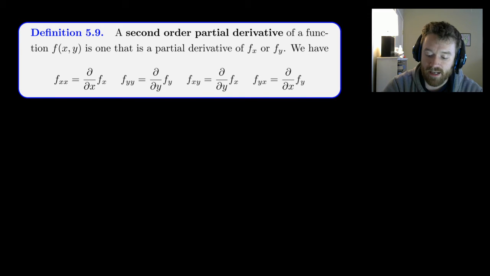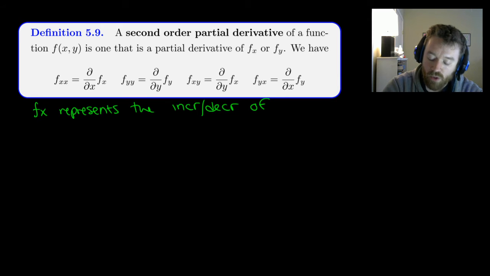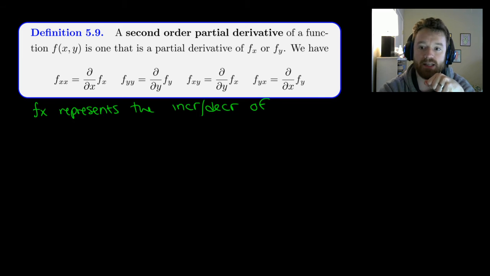But maybe a nice geometric interpretation, nice graphical interpretation is in order here. So remember, fx gives us the slope or the instantaneous rate of change or the increasing, decreasing of, well, what is it? So really, I'm fixing y and I'm going just in the x direction.